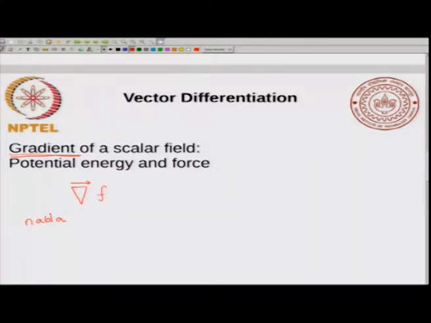Suppose you have a scalar field f of x, y, z. This gives you a vector of this form: i partial derivative of f with respect to x, plus j partial derivative of f with respect to y, plus k partial derivative of f with respect to z. This is the definition of the gradient.